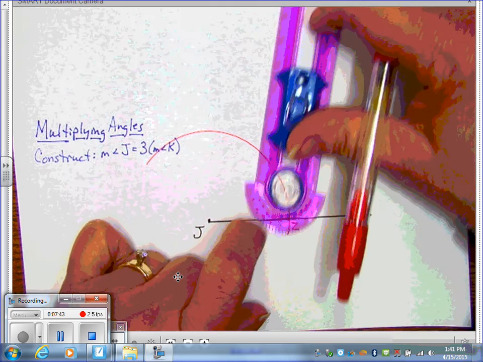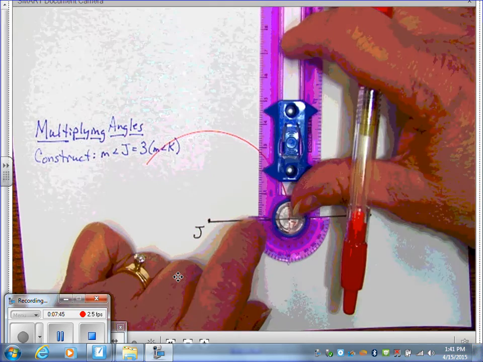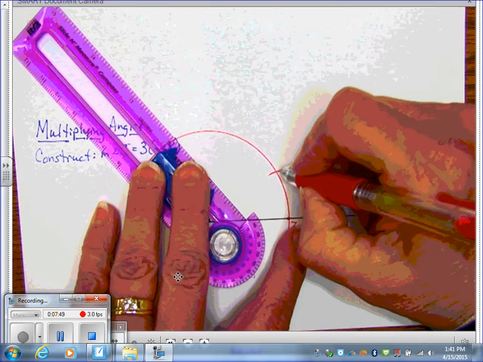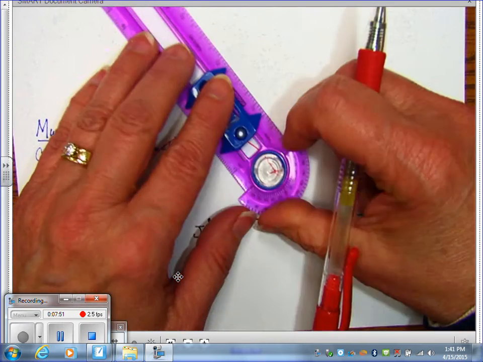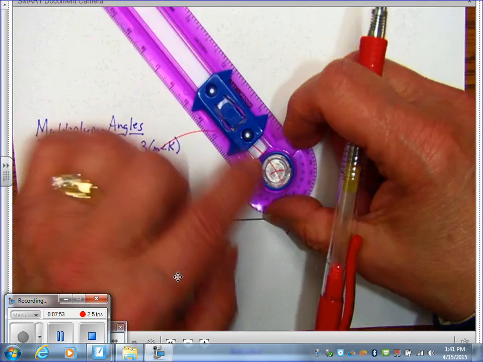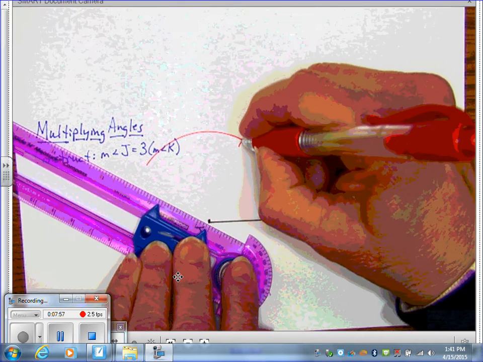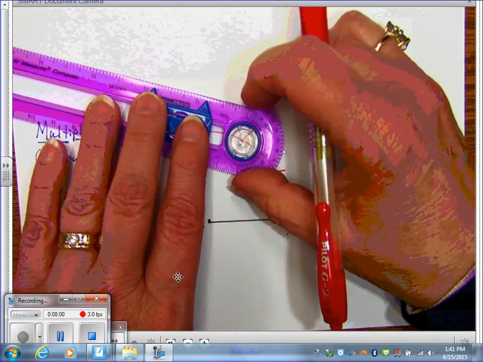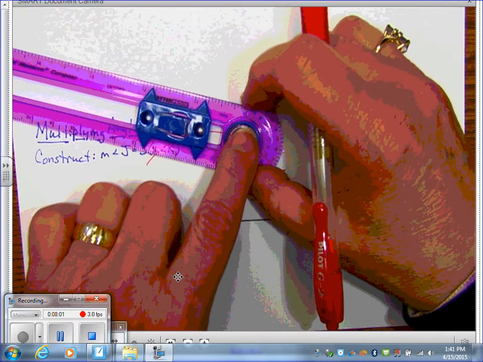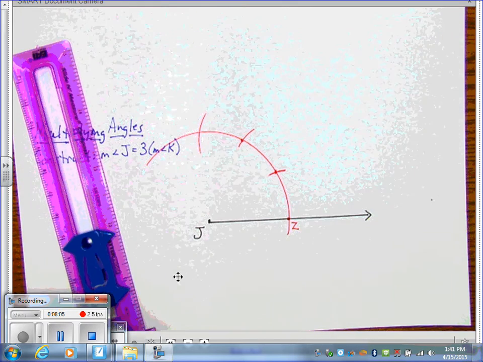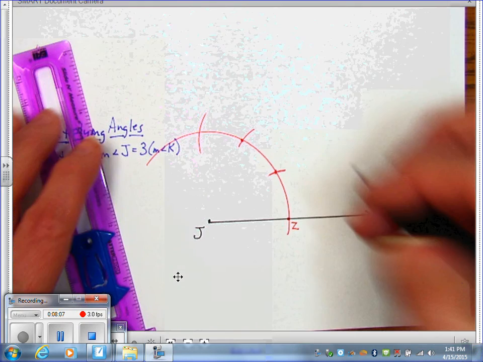So I'm going to do it 3 times. So here we go. Here's the first one. 1. And I'm going to give myself a point there. Move it up. There's time number 2. Give myself a point there. Move it up the 3rd time. And that is the final one because we just needed 3.